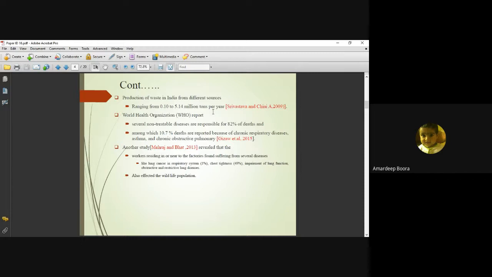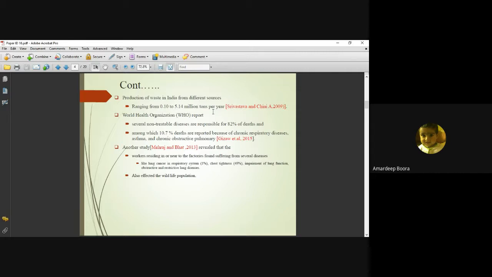However, the WHO also reported that out of 82% of deaths, 10.7% are because of chronic respiratory diseases, asthma, and chronic obstructive pulmonary disease. That is happening because some workers are working in cement factories or residing nearby.